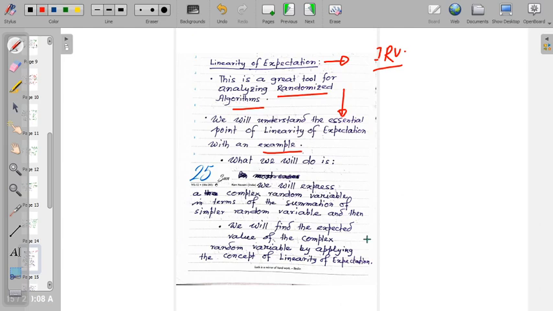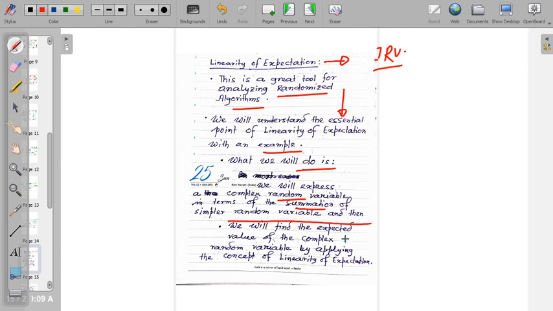What linearity of expectation does is that we express a complex random variable in terms of a summation of simpler random variables.